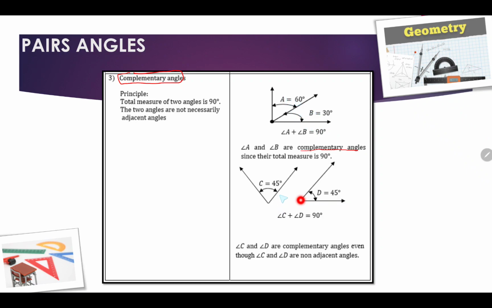This one is non-adjacent because it is not side by side, but we still call it complementary because the total measure of these two angles equals 90 degrees. Okay, that's the definition and the meaning of complementary angles.